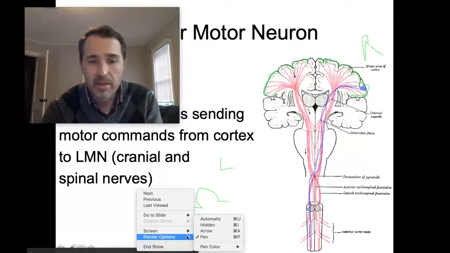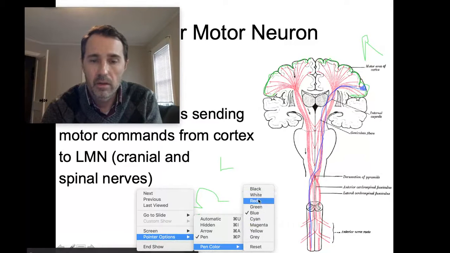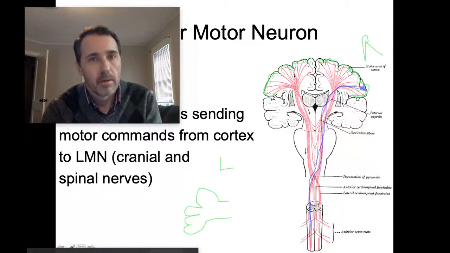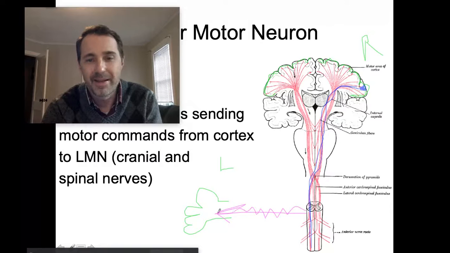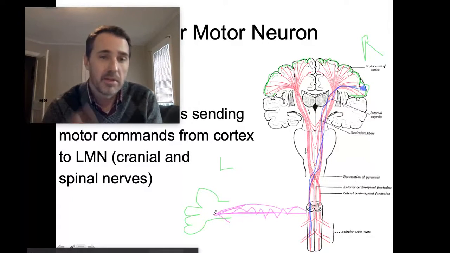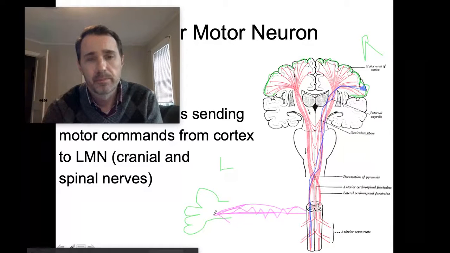So it travels along the peripheral nervous system, that peripheral nerve moving out to my hand, and the motor plan gets transmitted out to the muscles of my hand, and my hand moves.